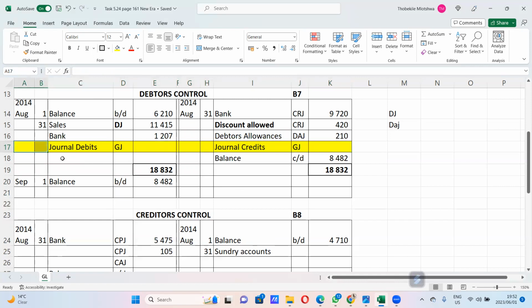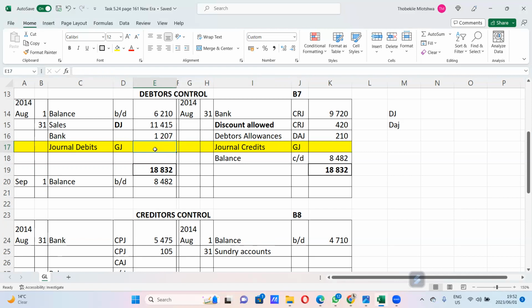what are examples of transactions that will go in the GJ for the debtors control? So the one, for example, will be if we charged somebody else's account instead of the right person. So it will go to the GJ to remove it from the wrong person and put it into the right person. Or one person made a payment, but we recorded it on someone else's account.